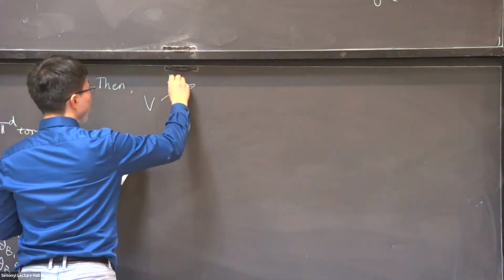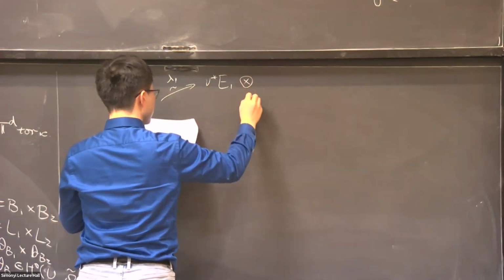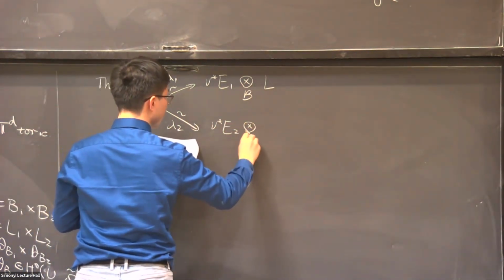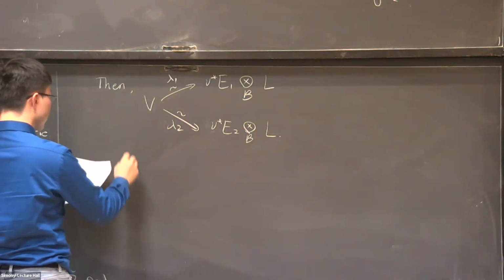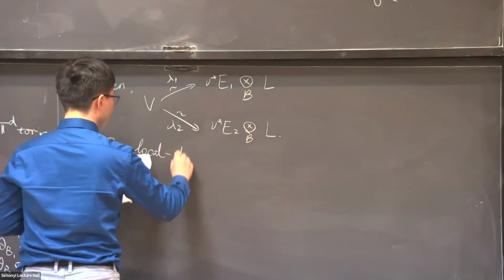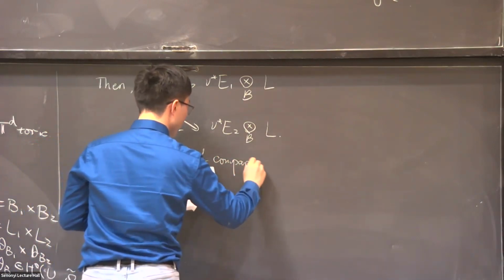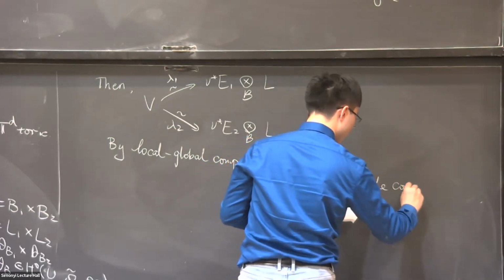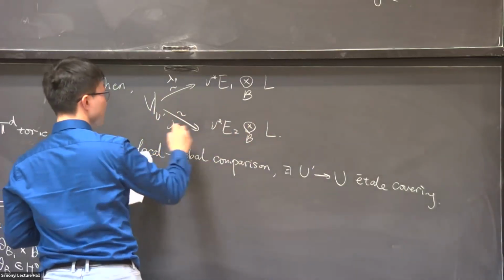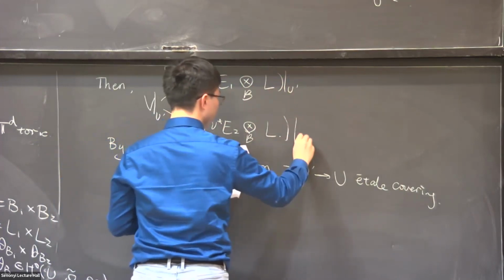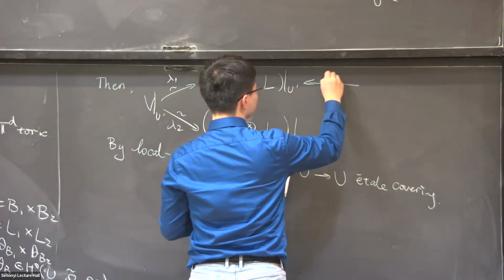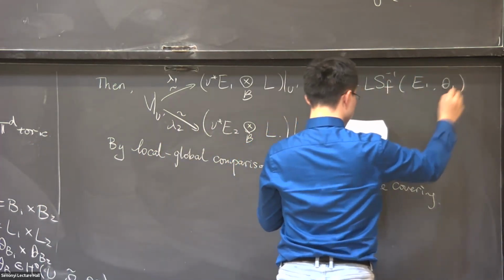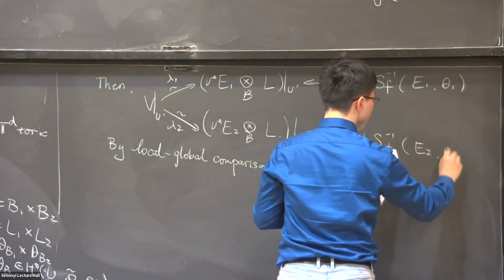So V has number one, an isomorphism to pullback of E1 tensor over B with L, and number two, an isomorphism of E2 tensor over B with L. Okay, by local-global comparison, we know that there exists U prime to U, an étale cover, such that if I restrict to U prime, then we have natural isomorphisms of them with our E1 theta 1, E2 theta 2, right?